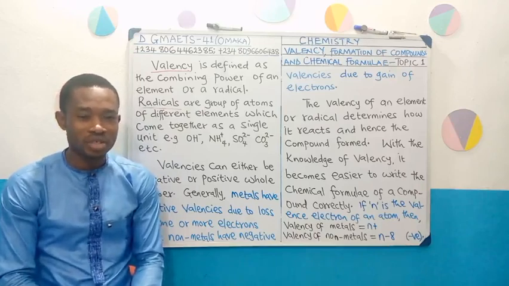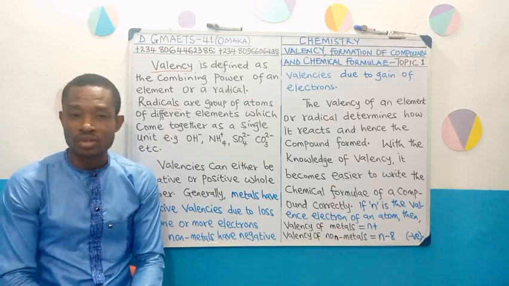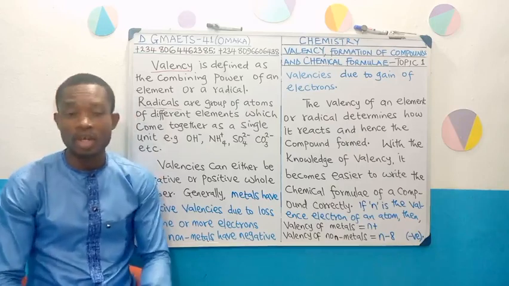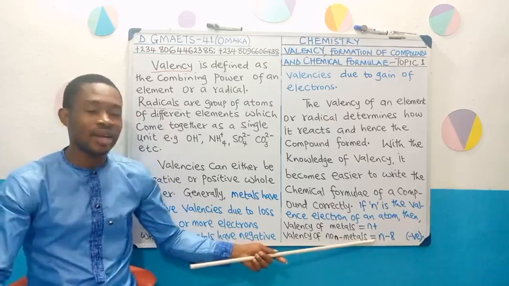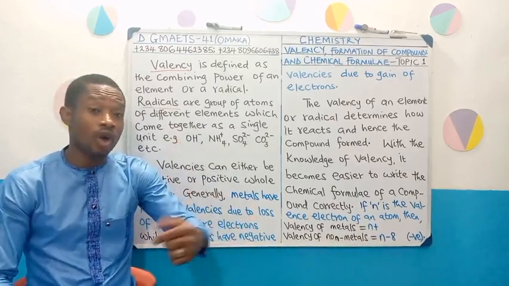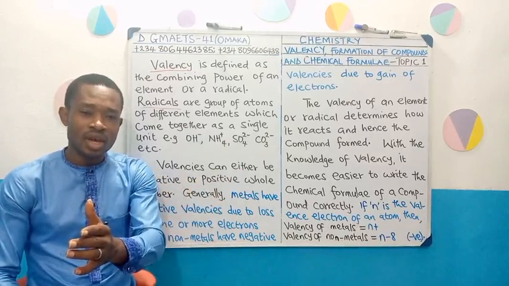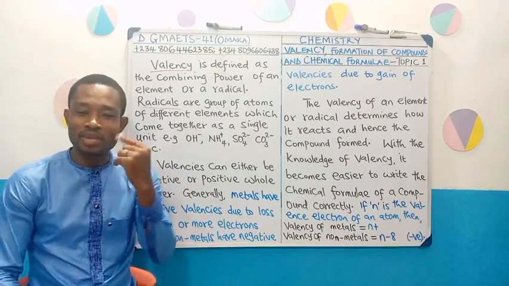What about oxygen? The valence electrons of oxygen is 6. That's the number of electrons in its outermost shell. So we can say for oxygen, N is equal to 6. So how do we get the valency of oxygen? It's simply 6 minus 8. You know, 8 is the maximum number of electrons.